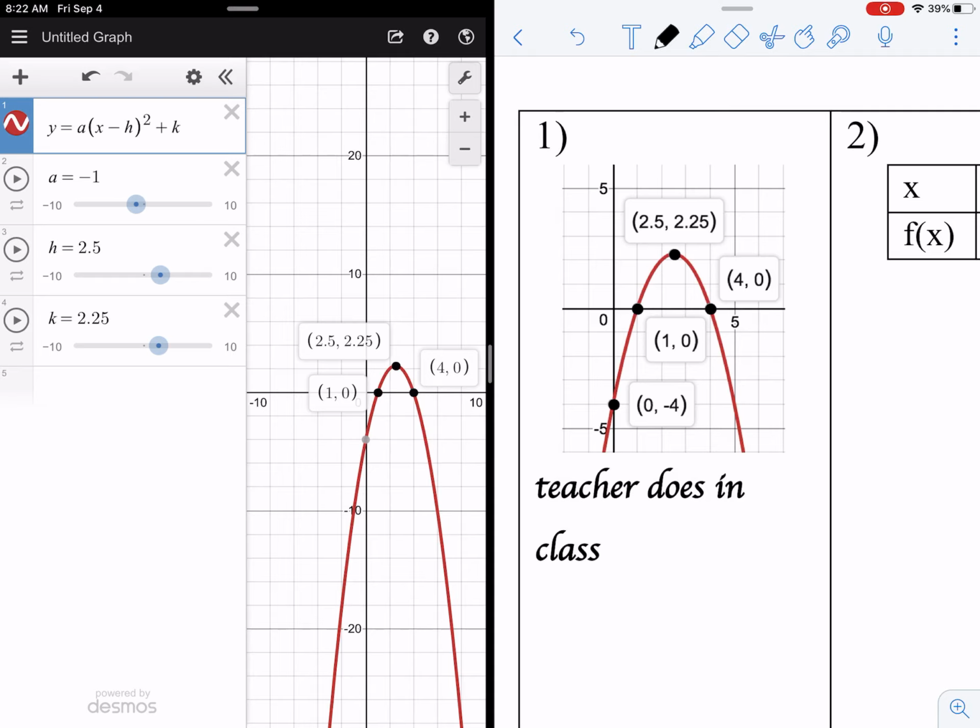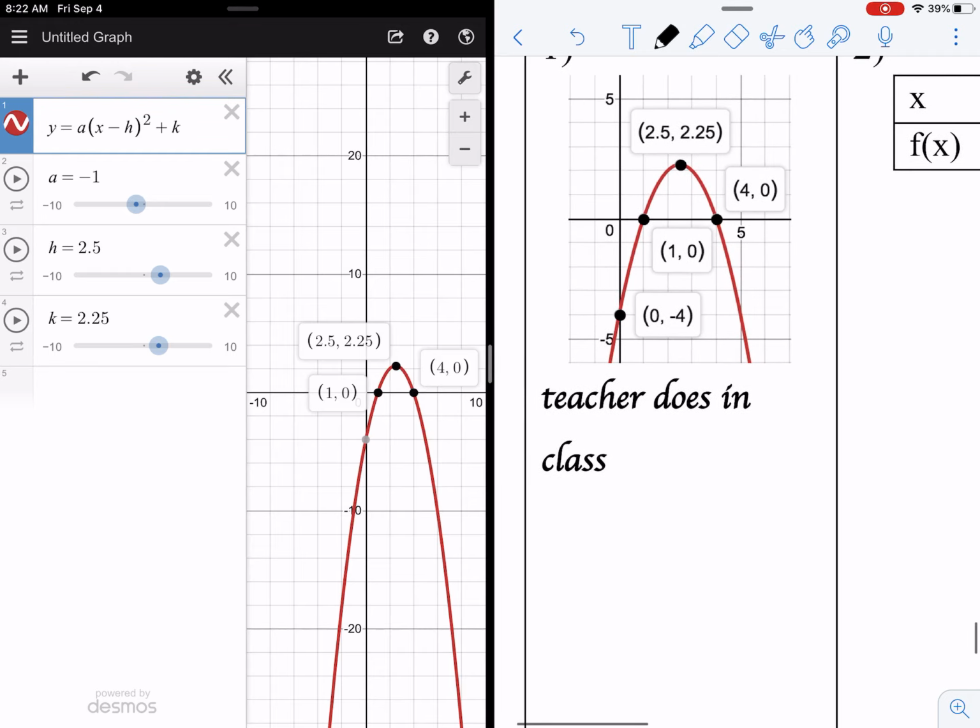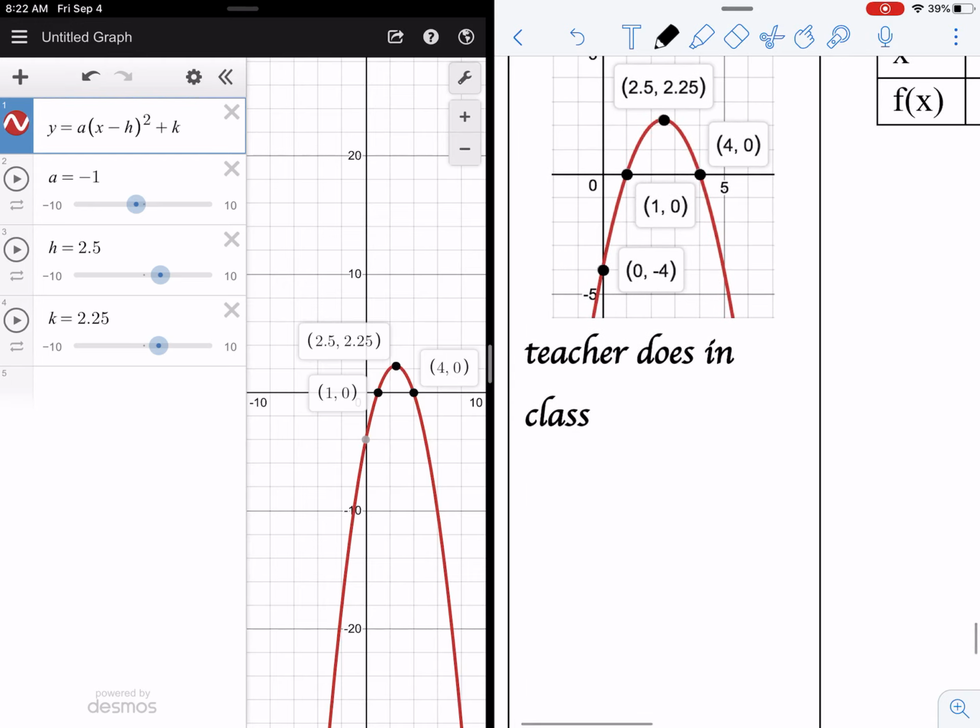Now I just so happen to get lucky here by guessing the correct a value. So say we didn't know the a value. What you would do then is you would actually have to do this by hand and solve for a.